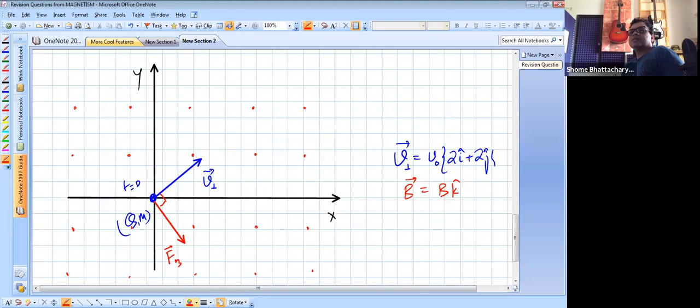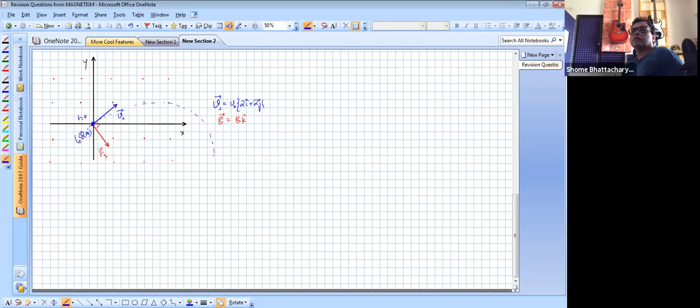Okay. So in the particle's trajectory, you can see that the circular motion part will be something like this.